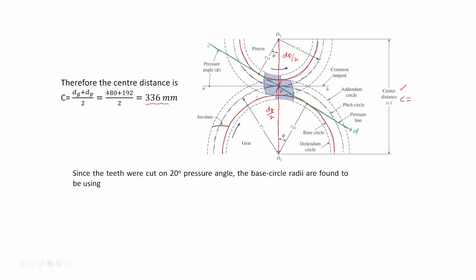And the common tangent on the pitch circles of the pinion and gear is this, A and B.